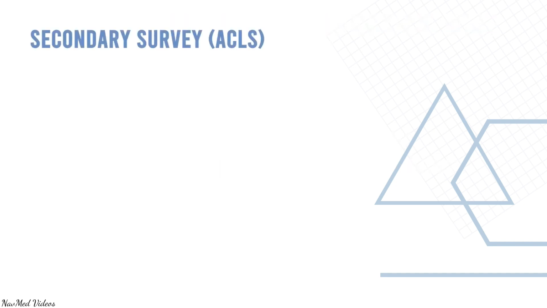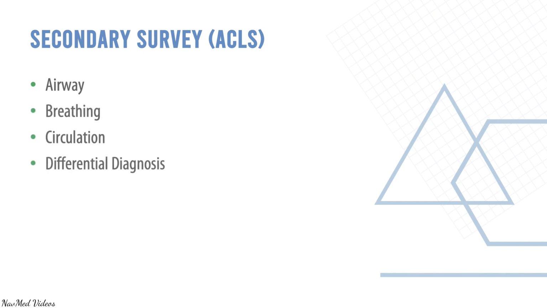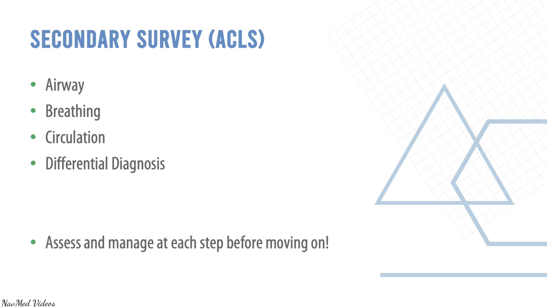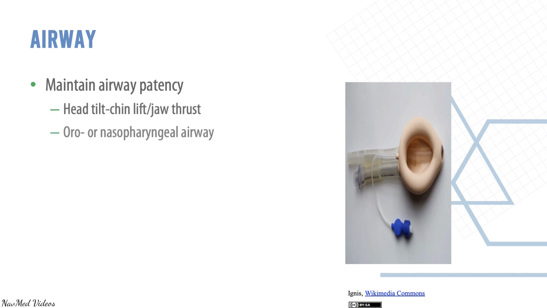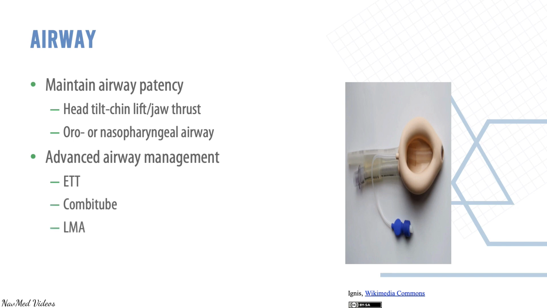Now, after you've done all that, you've got to come back to a secondary survey. Again, airway, breathing, circulation, differential diagnosis. Assess and manage at each step before moving on. Airway, we now maintain the patency. Head tilt, chin lift, we already know that's very important. Jaw thrust. Then, if you need, you may require an oral or a nasopharyngeal airway. Advanced management, if you are not able to maintain the airway, you might need an ETT tube, endotracheal tube, combitube, or laryngeal mask airway.